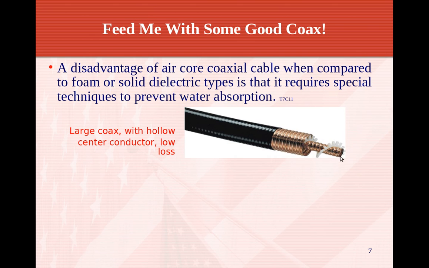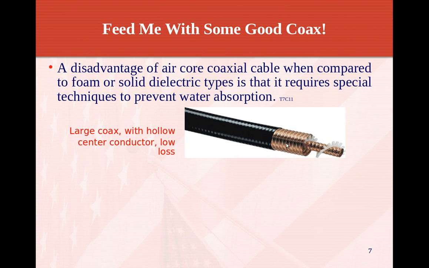As frequency starts increasing, you no longer use the center of your conductor. The current starts going to the outside wall of your conductor. So an easy way to get something very light is just to hollow it out, right? Because you're only using the skin of the conductor. You're not using the whole thing for RF when your frequency starts going up.